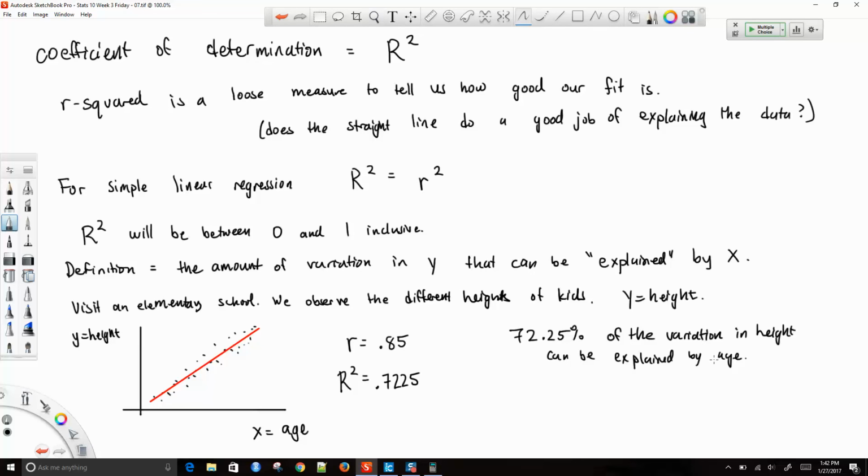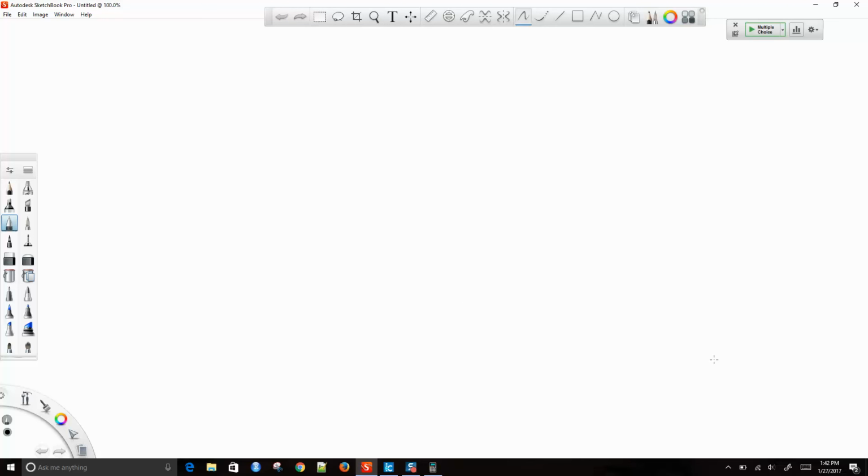All right, let's try just a quick little question here, okay? Let's say you have a plot of data, and it looks like this. So you've got a nice linear relationship.